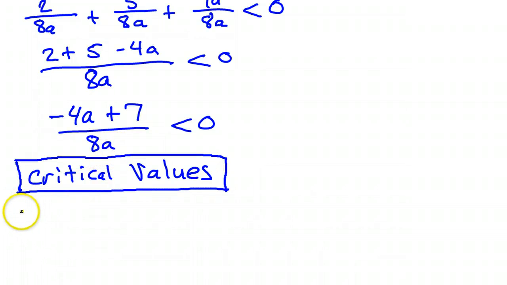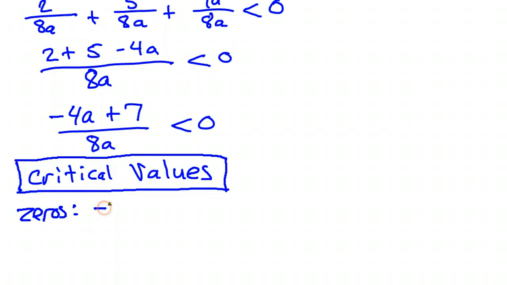So let's start with the zeros. You will get the zeros of the rational function by setting the numerator equal to 0. Because that's the only way that this function is going to equal 0 is if the numerator is 0.